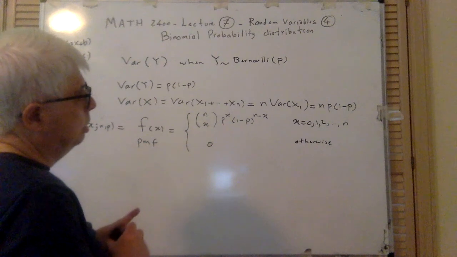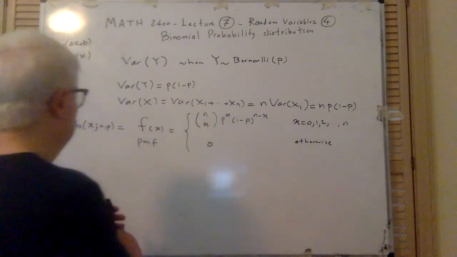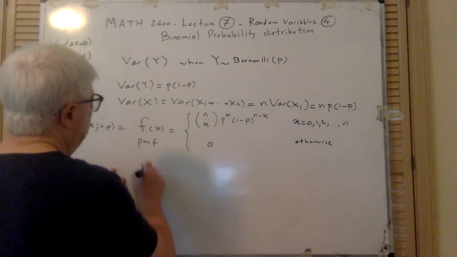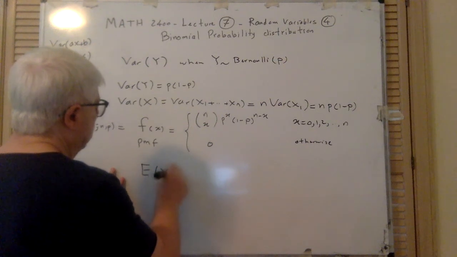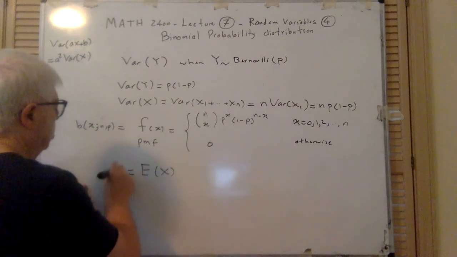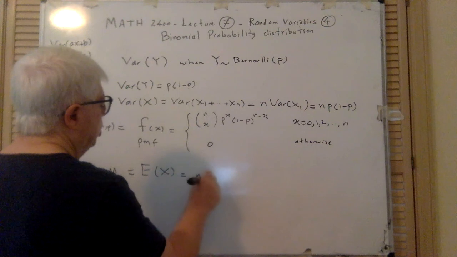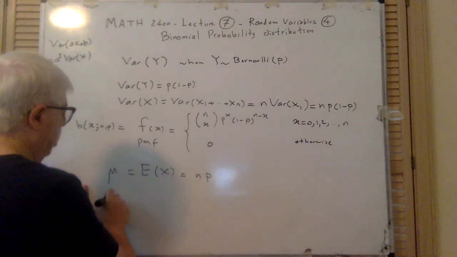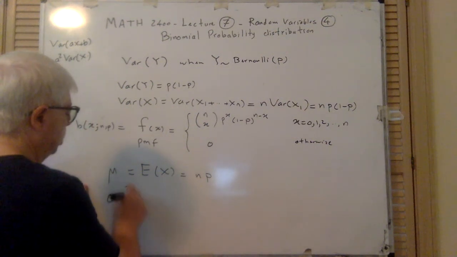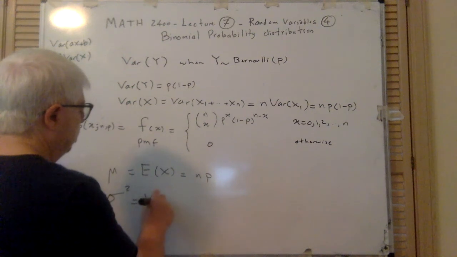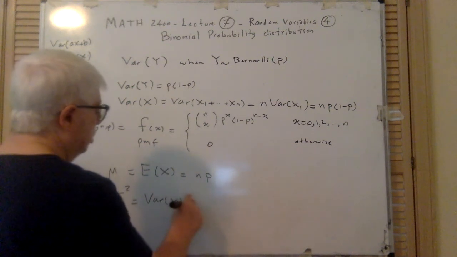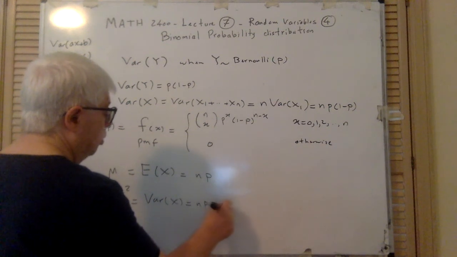So that's it. The expected value, mu, was simply np, and sigma squared, which was the variance of x, is np(1 minus p).